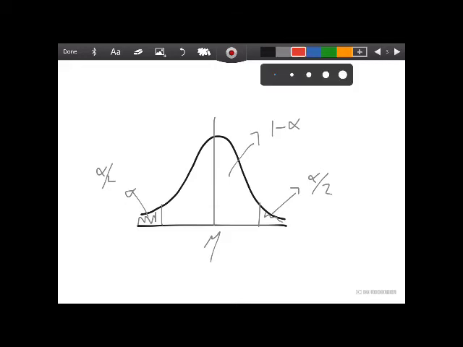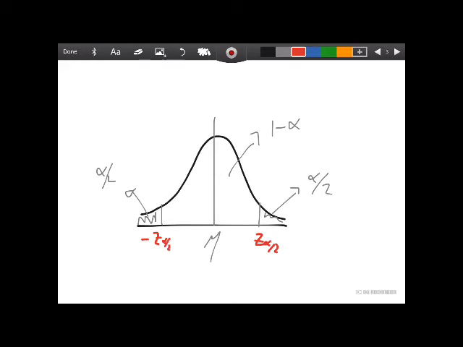So if that is the case, then we know that we will have z alpha halves on the upper side of the distribution, and then negative z alpha halves on the lower tail of the distribution.